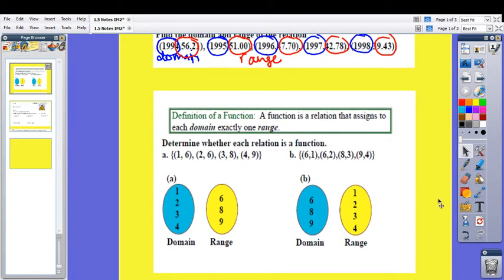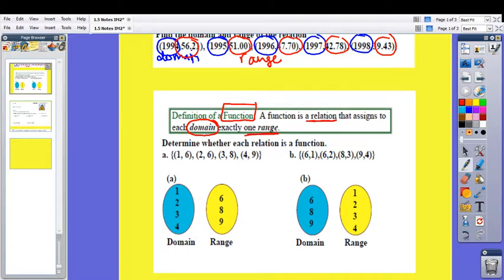Okay, now there's another term that is called function, and function is a specific relation basically. It's a set of ordered pairs. It is a relation, but each domain will only have one range.